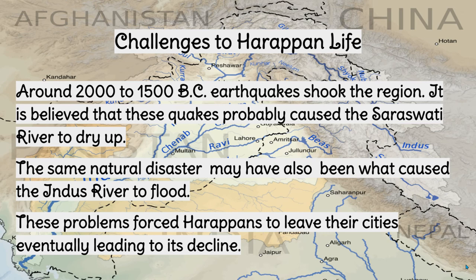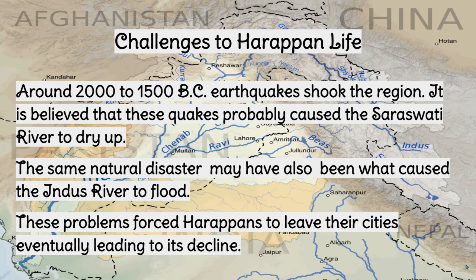Now, just like all of the civilizations we've discussed, Harappan life did have its challenges. And around 2000 to 1500 BC, earthquakes shook the region. And it is believed that these quakes probably are what caused the Sarasvati River to dry up. And that could be for numerous reasons.